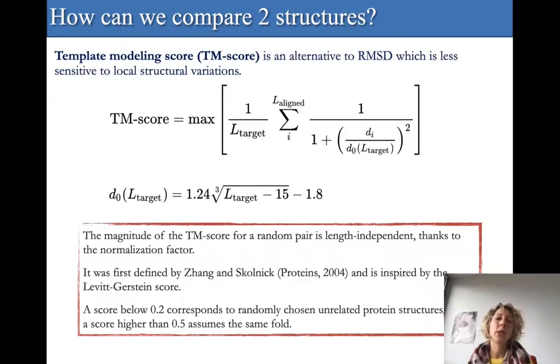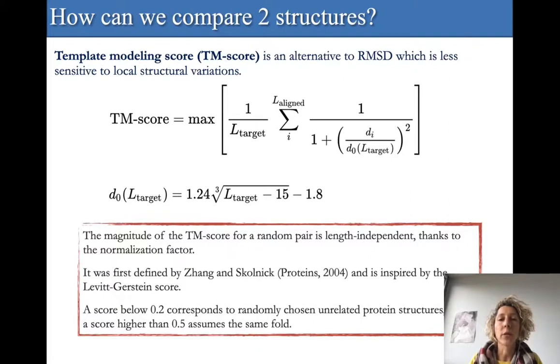Another metric, which is used as an alternative to the RMSD and sometimes performs better, depending again on the context, and at least is less sensitive to local structural variations, is the TM score. The magnitude of the TM score for a random pair is length independent because we have a normalization factor.